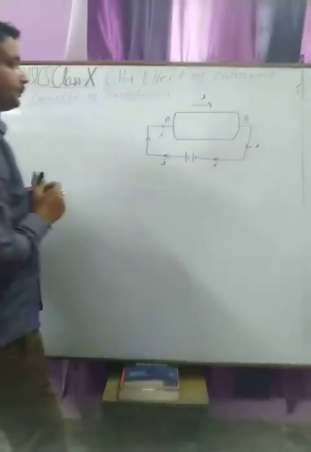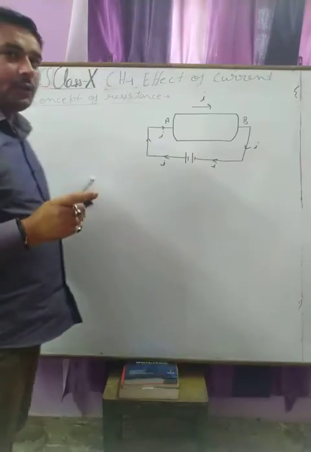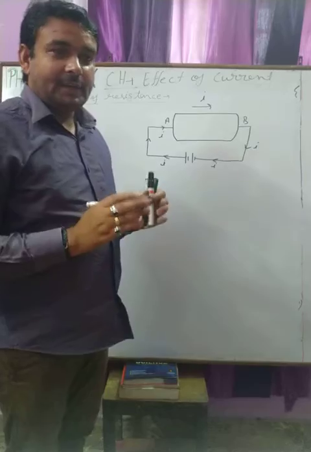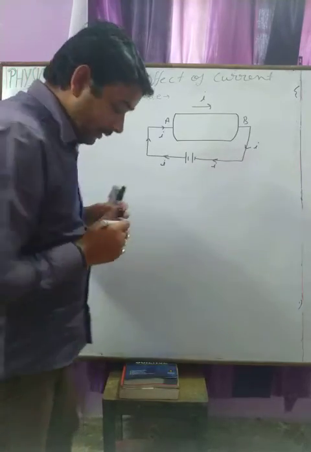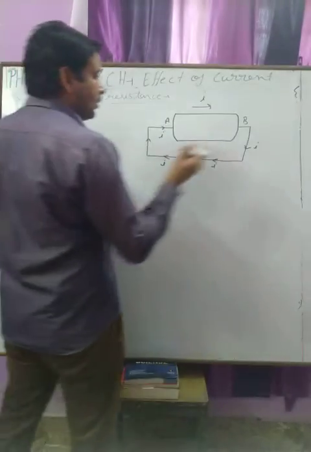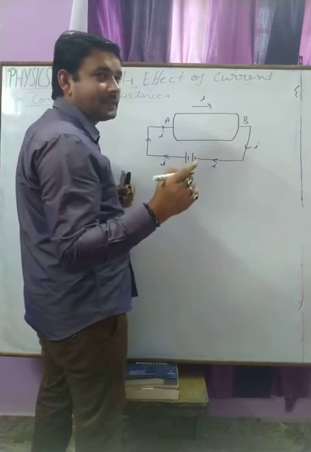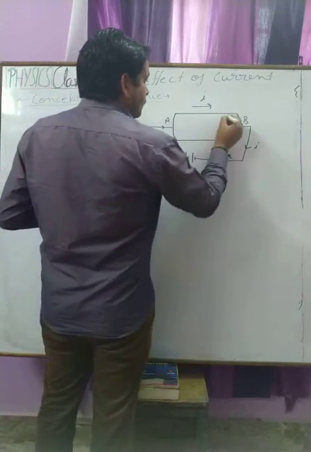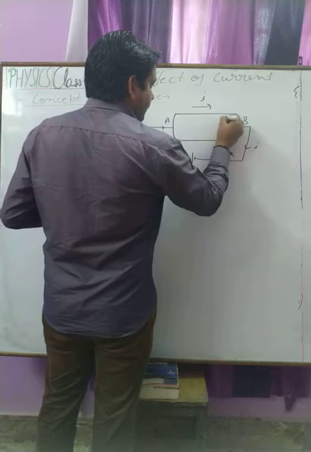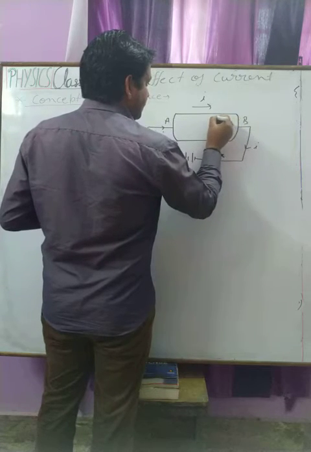Now we know that the material is formed with many small particles called atoms, and every atom has electrons.